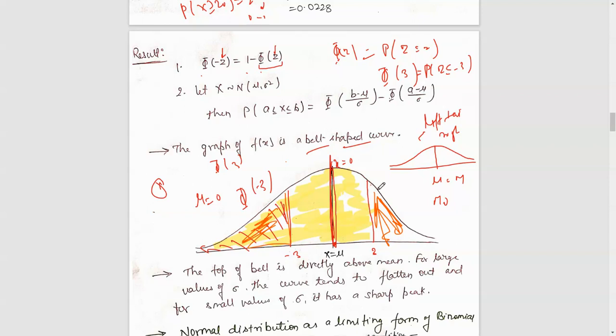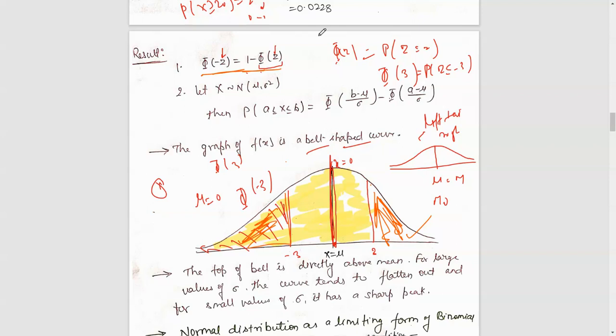Those two areas will be the same. This is how the theorem can be understood.